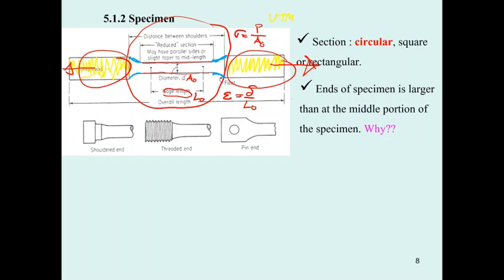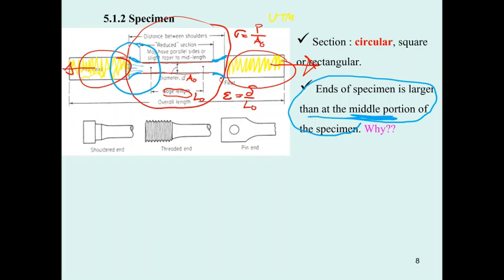The end of the specimen is larger than the middle portion because we like to force the failure to occur at the middle. However, there is a transition between the end and the middle part over here. That's to let the stress transfer smoothly between the end and the middle part.